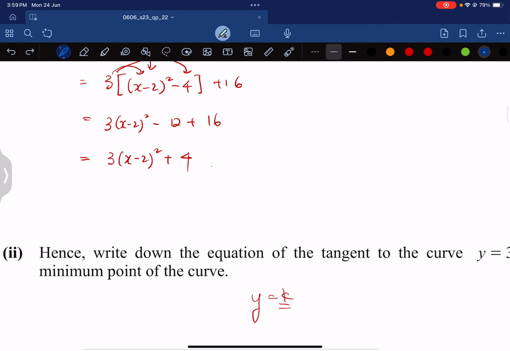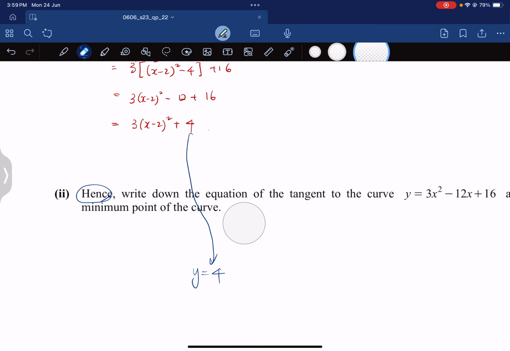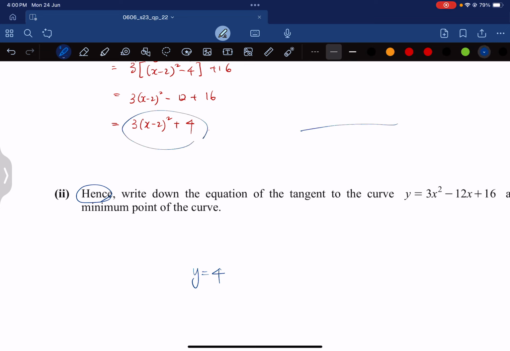The minimum y value is 4, the minimum output of the entire thing is 4, so y equals 4. This is why they tell you to write down without doing any calculations, because we know that this curve has a minimum point (2, 4), so the tangent line would be y equals 4.